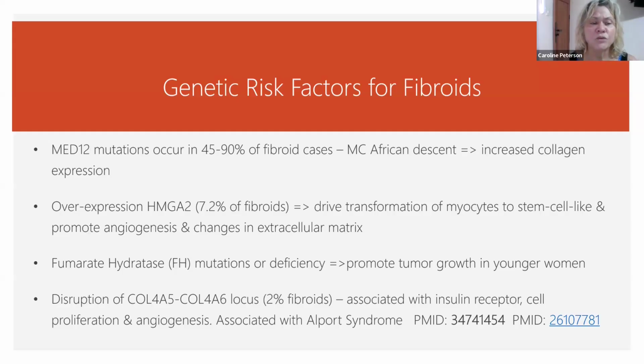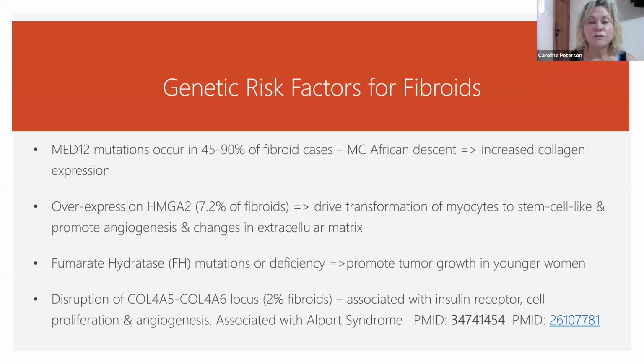What happens with the MED12 mutation is that you have increased collagen expression. Now, African Americans are also at greater risk of throwing keloids. However, the MED12 mutation is not related to keloid formation as we understand it now.